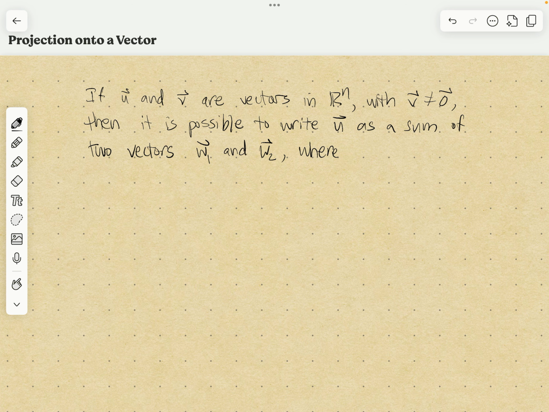where w1 is a scalar multiple of v, so where w1 is parallel to v, and w2 is orthogonal to v.